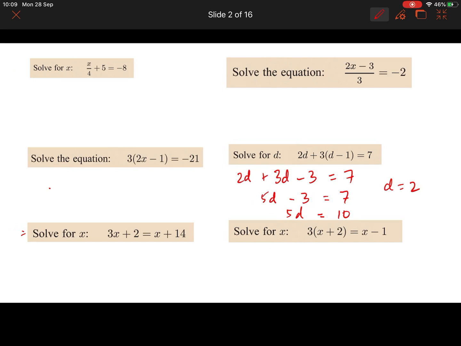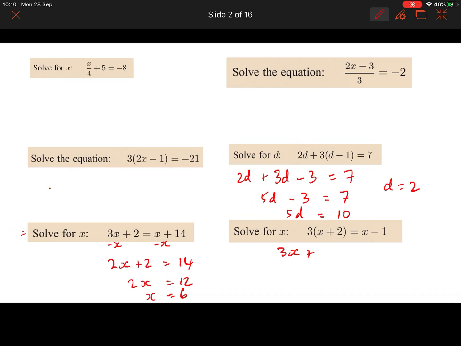Fifth one, this one here, you've got x's on both sides of the equation. Well, that's okay, because you can subtract variables as well as numbers. So what we're going to do is subtract x from both sides of the equation, and I'll get 2x plus 2 equals 14. So 2x equals 12, x equals 6.